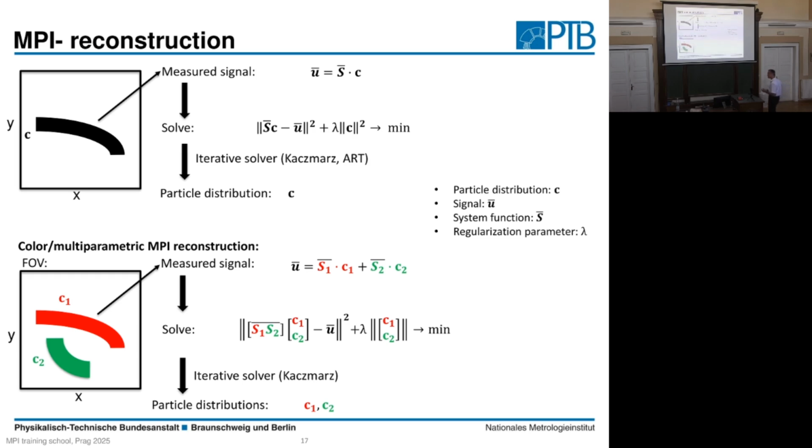And at the same time, from this measurement signal, if we have recorded the system function for both states, we can reconstruct both distributions. We get finally the distribution C1 and C2.